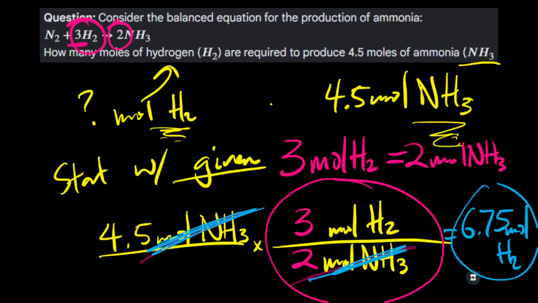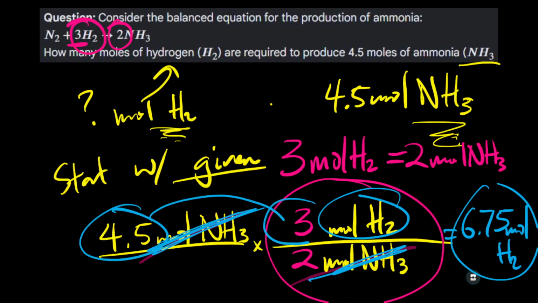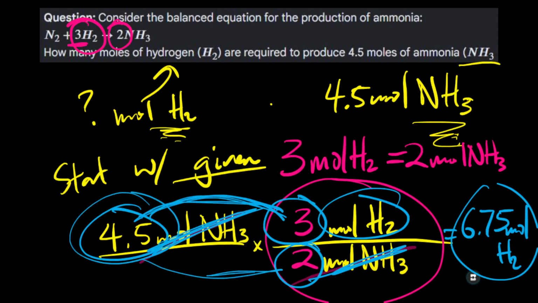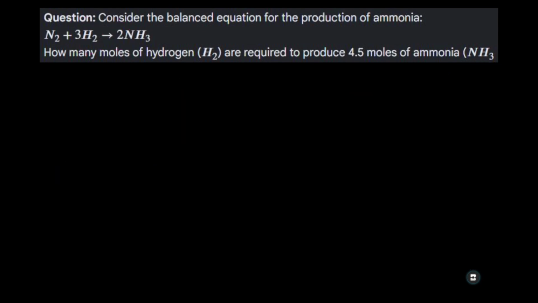This unit is gone, so it's just mole H2. And to put this in the calculator, you have to do 4.5 times 3 divided by 2. Everything on the top will get multiplied, everything on the bottom will get divided. And you always start with the first number, okay? That's how we do these type of questions.